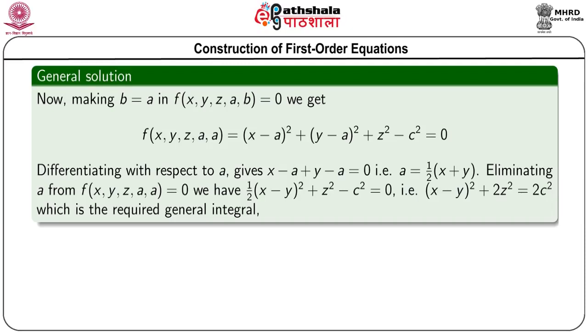So, if we put this value of a in the equation f(x, y, z, a) equals 0, we will get half of (x minus y) whole square plus z square minus c square equals 0. So, this solution is the required general solution or general integral of the given first order equation.